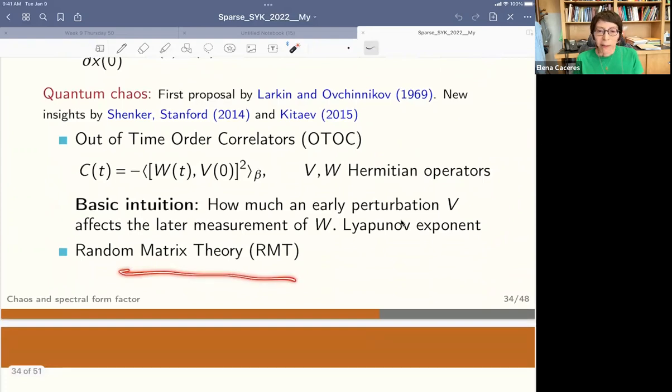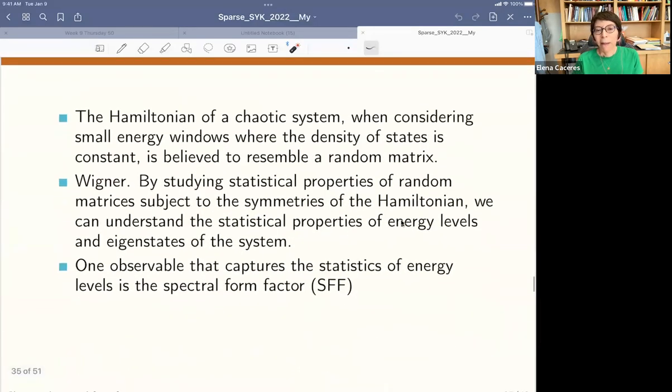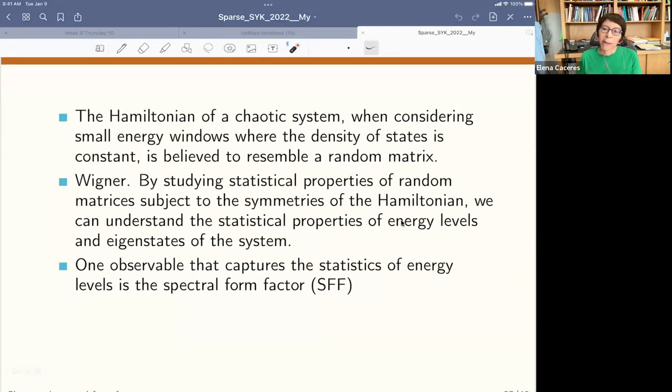Another way is random matrix theory. And this idea, due to Wigner, was that in a chaotic system, by studying statistical properties of random matrices, of course subjected to certain symmetries, we can understand the statistical properties of the energy levels and eigenstates of the system. Many of the observables that we compute in physics are not sensitive to these energy statistics. So there's this thing that people in condensed matter have been calculating for a while, the spectral form factor.